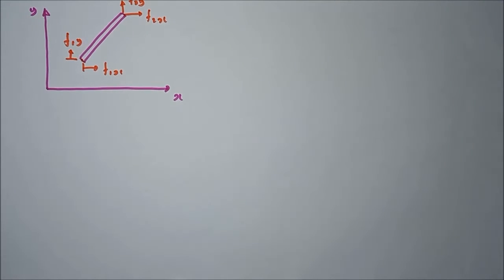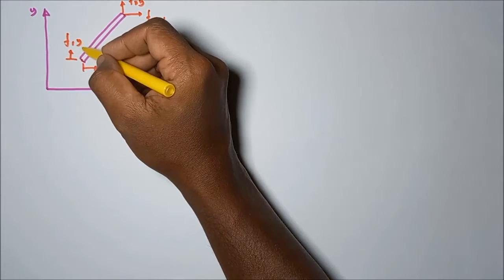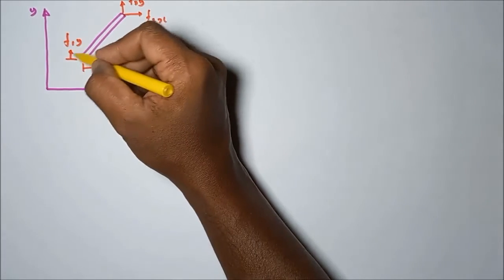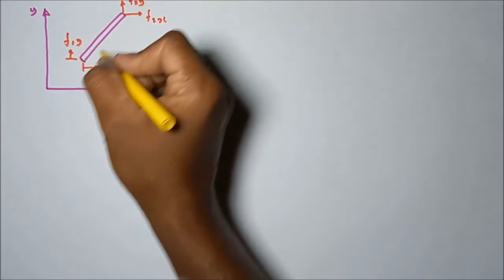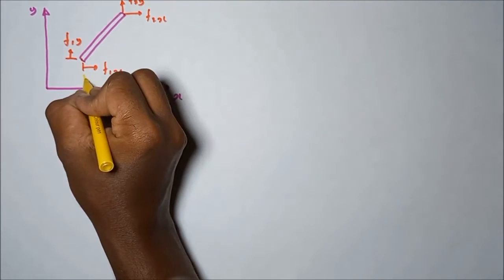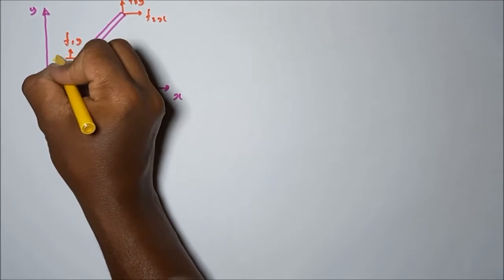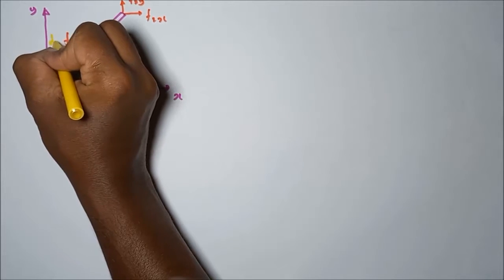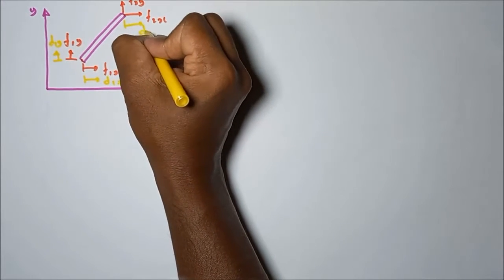Then this time these are non-zero values. That means the f1y is not acting in a lateral direction, a perpendicular direction to the element, so it's a non-zero value this time. So then in this direction the displacement d1x, in this direction displacement d1y. In this direction, displacement of node 2, d2x.